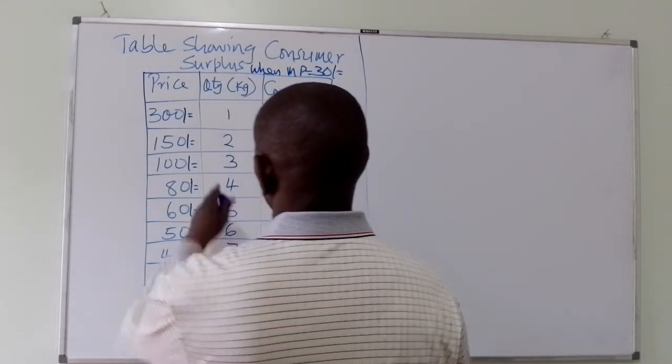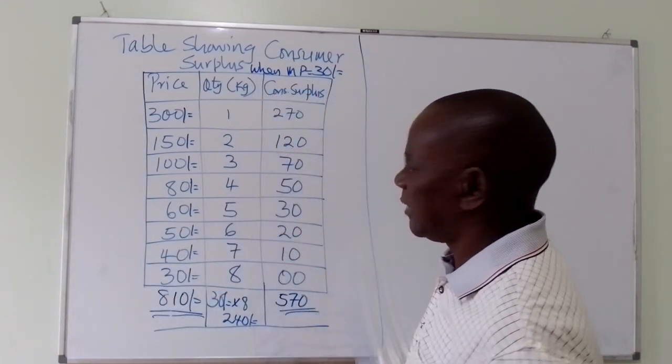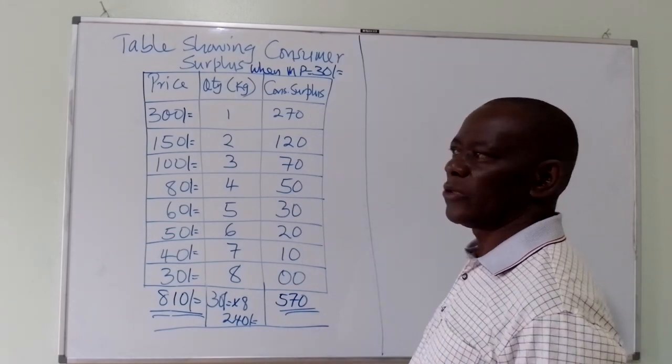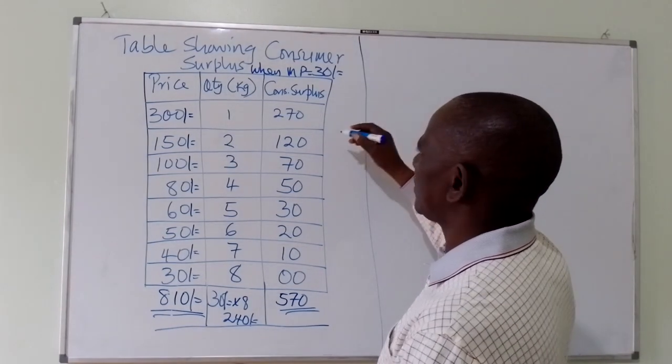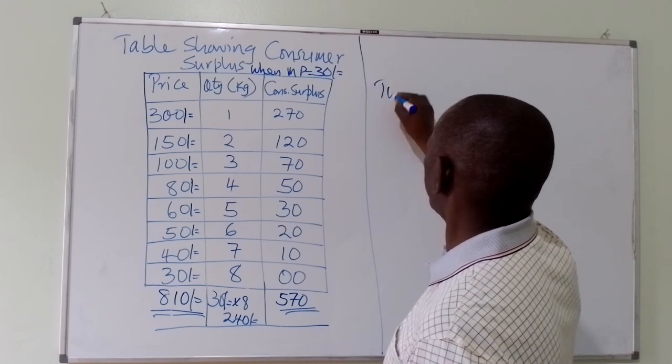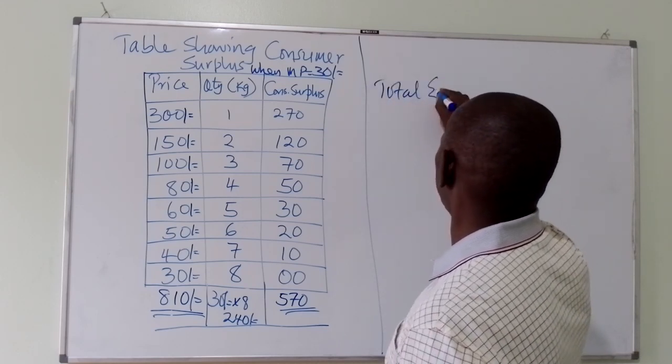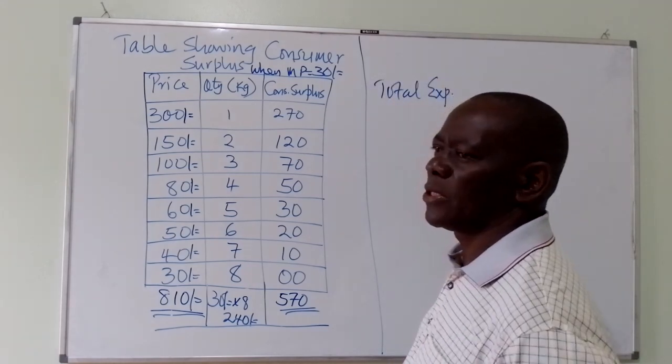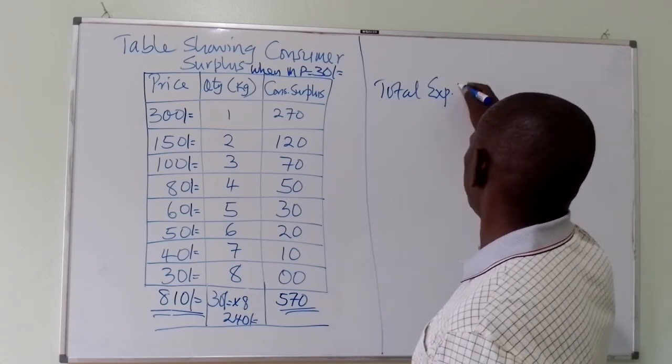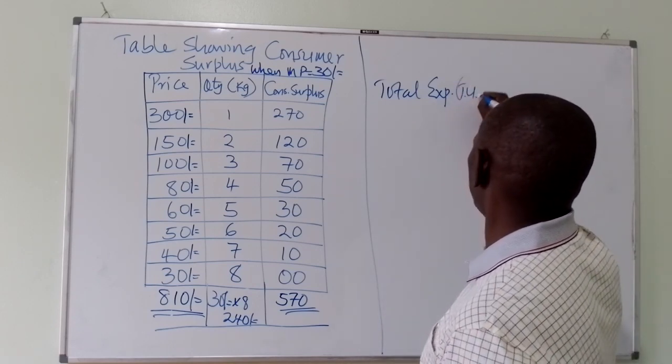Total expenditure, you can say, if this is the table, you may not draw it like this. You may just calculate it to say, what is the total expenditure? Sometimes this total expenditure is called the total utility.